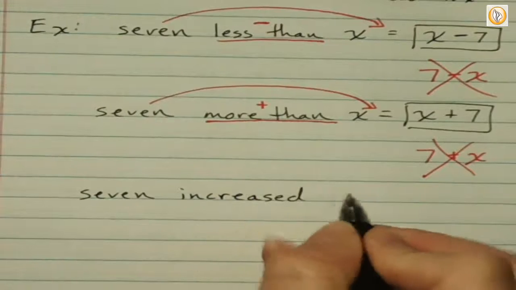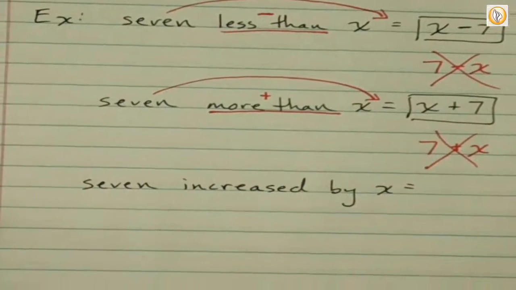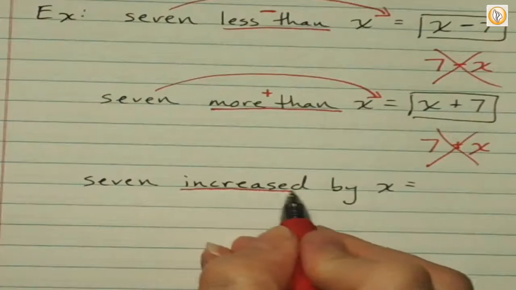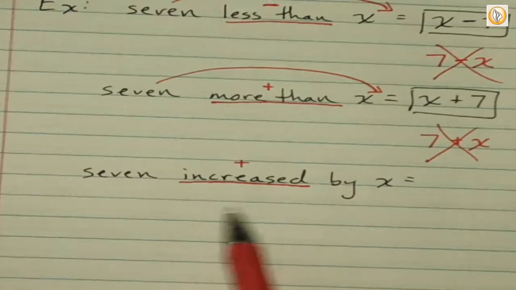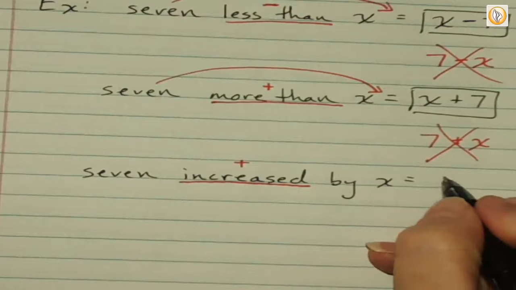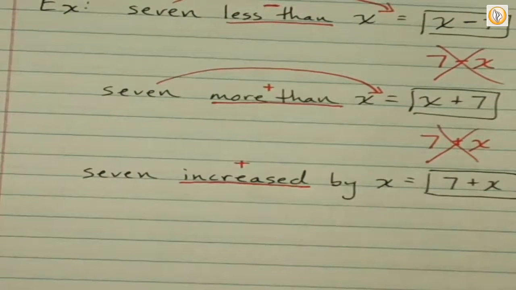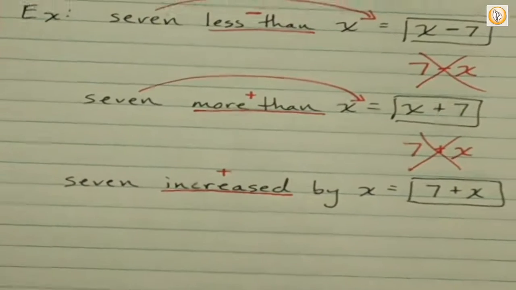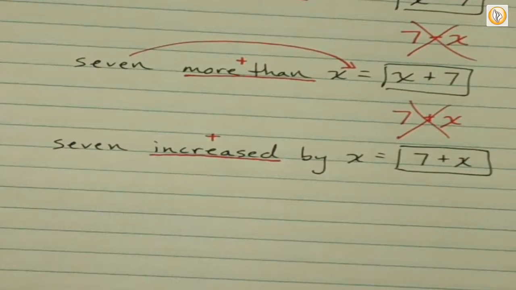7 increased by X. What does increased mean, Joseph? Adding. Now, is this a red flag word? No. Therefore, 7 is being increased by x. It is 7 plus x. 7 does not have to go at the end. But can it and not be considered wrong? See, okay, here's the thing.